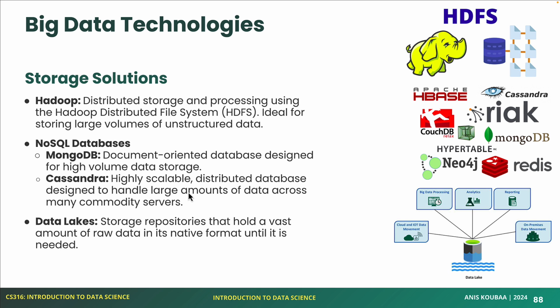Cassandra, on the other side, is also NoSQL. It's highly scalable, and it was designed for the storage of distributed databases. And this is very important when we need to have scalability and also fault tolerance. So what we do is replication of data on different sites. So for example, if there is an earthquake here, we don't lose the whole data. We can make a replication.